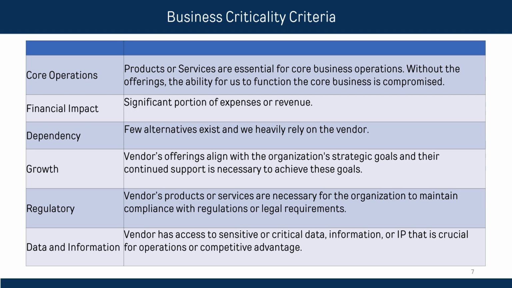So are they secure? Do they have good financial standing? Are they going to be around when the product has problems? Do they align with the organization's strategic goals? Products, again, that have access to sensitive critical data, PII, credit cards, personal information. How does all that fit into the scope of the work?